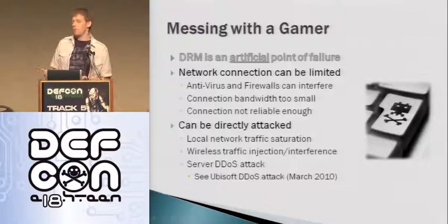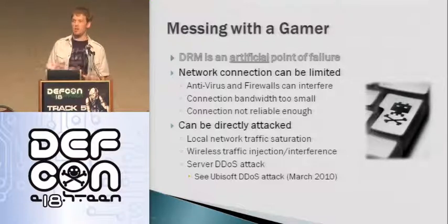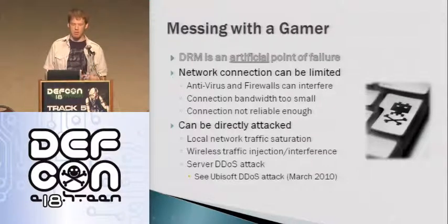You might not even have to screw with him too much, because we have this artificial point of failure where you have network connections that are inherently unreliable, and you might already have network restrictions like firewalls or antivirus that might already interfere with your DRM. The bandwidth could already be so small, and that's literally a problem with the Ubisoft DRM, where if you have a small pipe, you might run into trouble and might not be able to play.